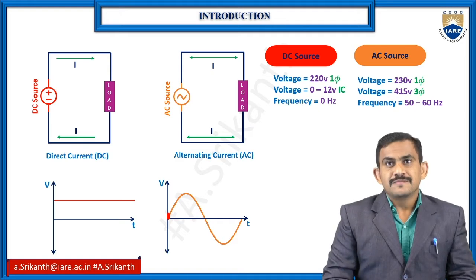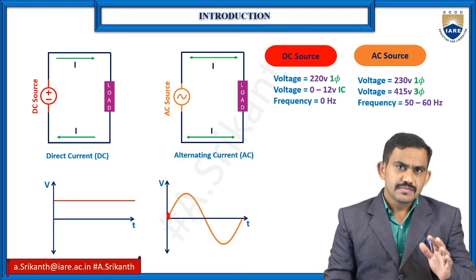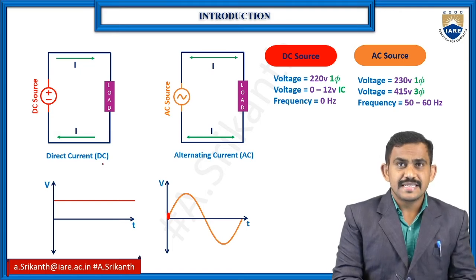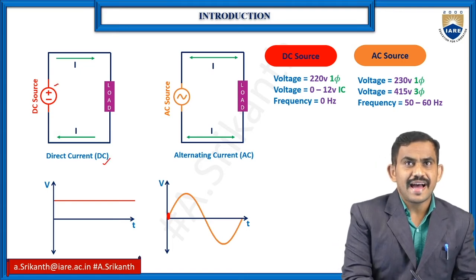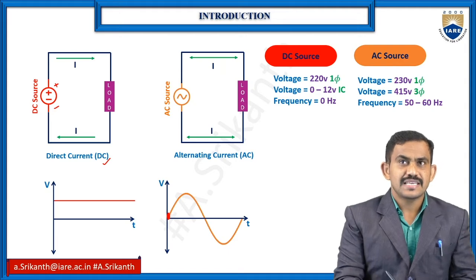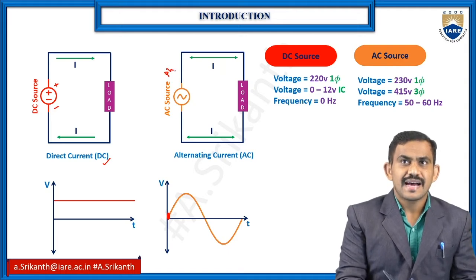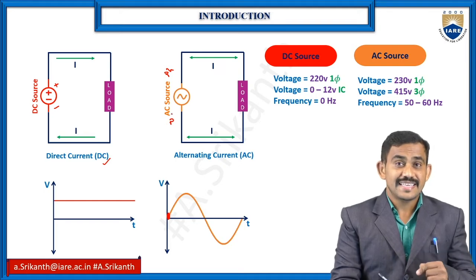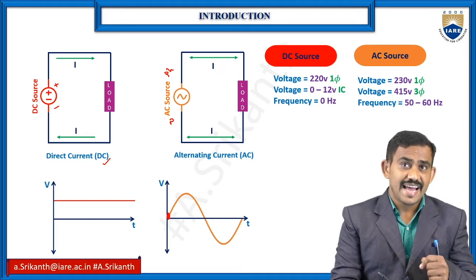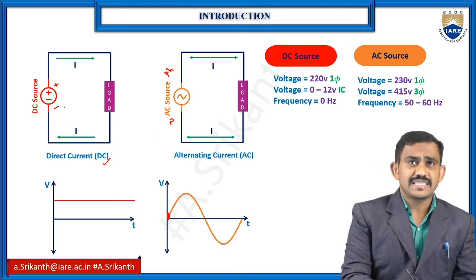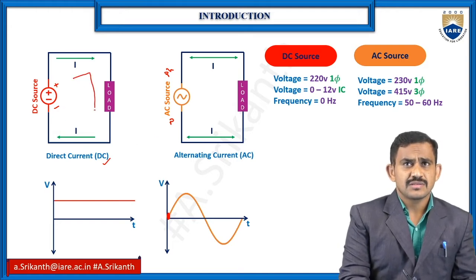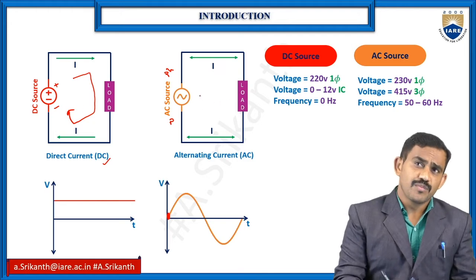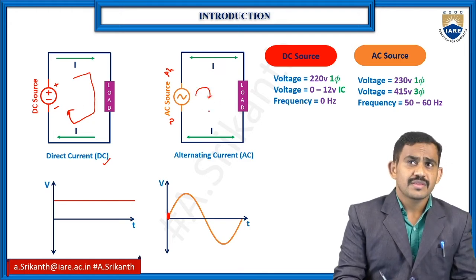If you observe the main difference between AC and DC: for DC we have positive and negative, coming to AC we have phase and neutral. And for DC we have only one direction, negative to positive. Coming to AC, we have alternating in both directions.